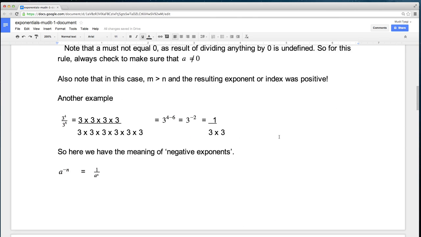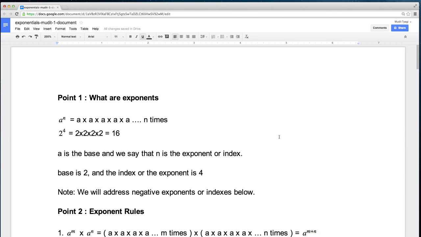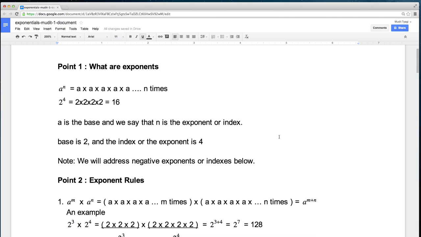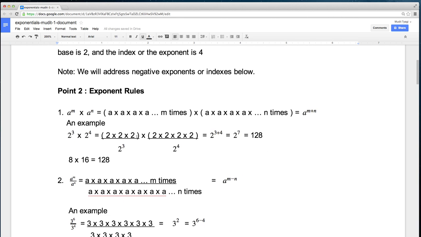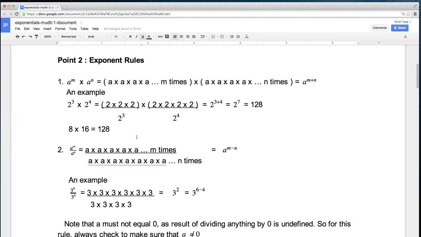So I'm just going to go back and repeat the nomenclature here. If you've got an expression like this, a to the n, a is the base, n is the exponent, also known as the index. Good, so I recommend that you go and review these rules.